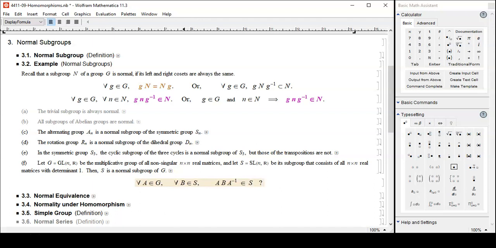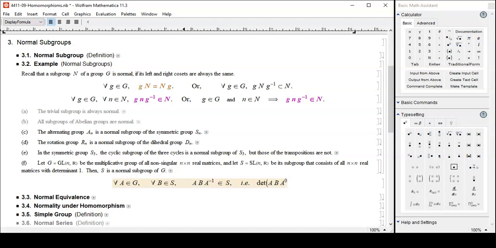That's the question. So how do you prove something belongs to S? That is, the determinant of this is 1. That's the question.